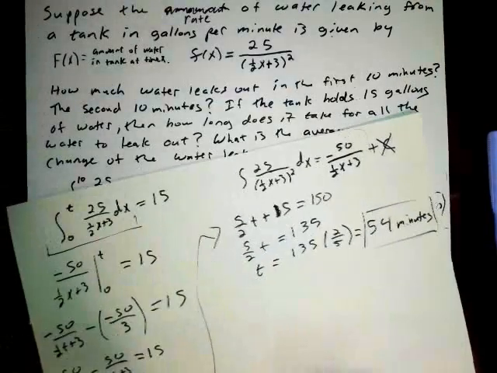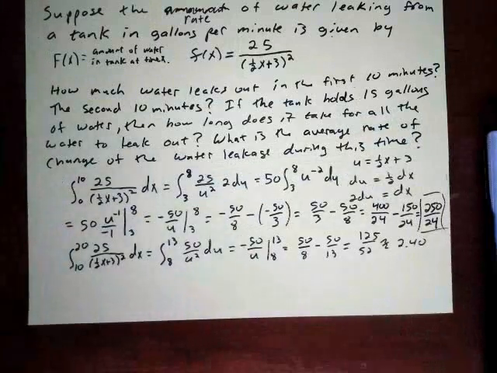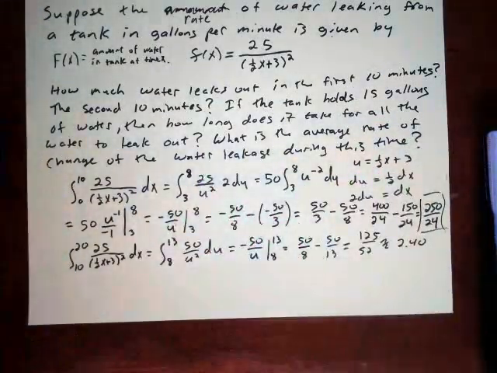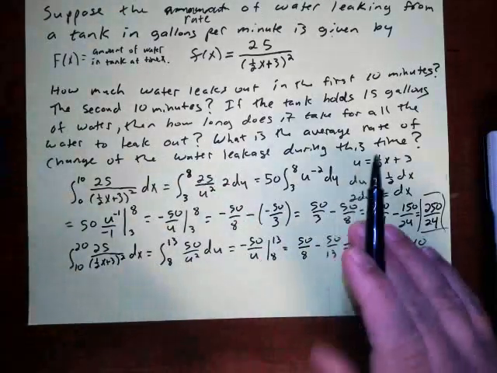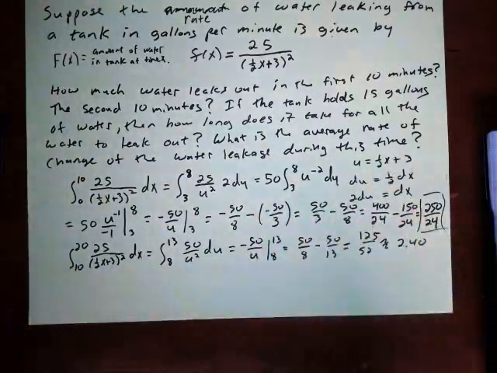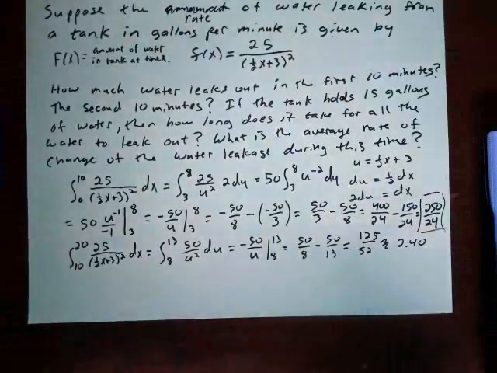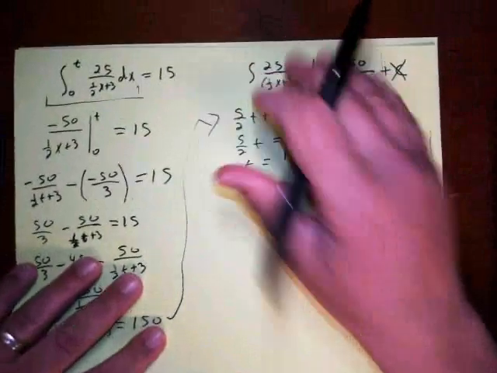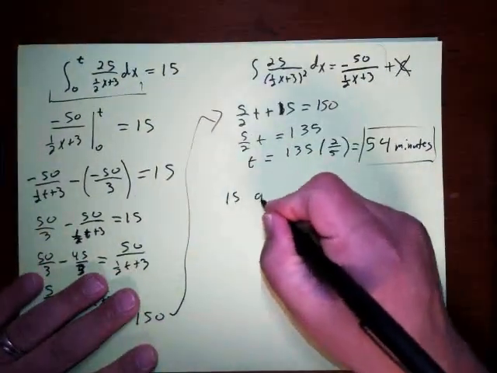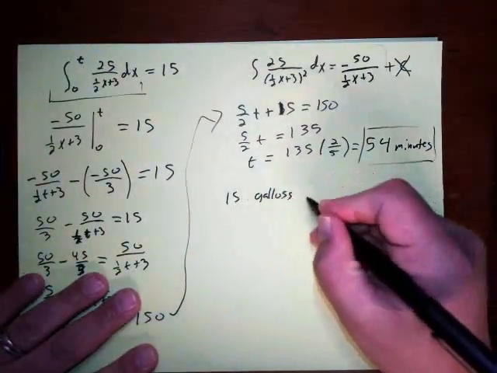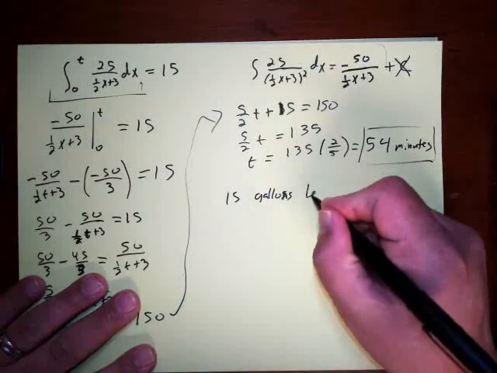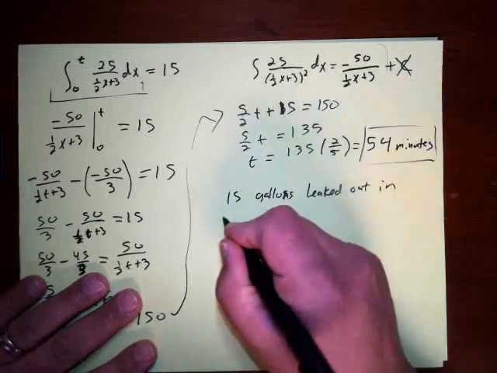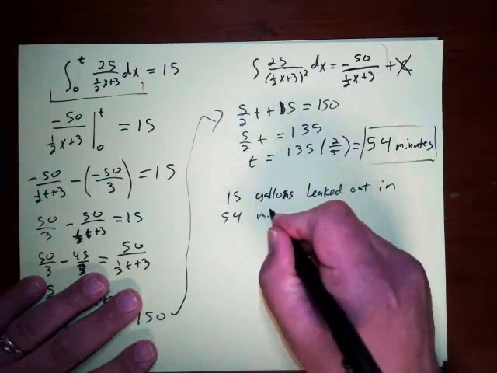And then the last thing was, what is the average rate of change of the water over the time it takes it to leak out. So 15 gallons leaked out in 54 minutes.